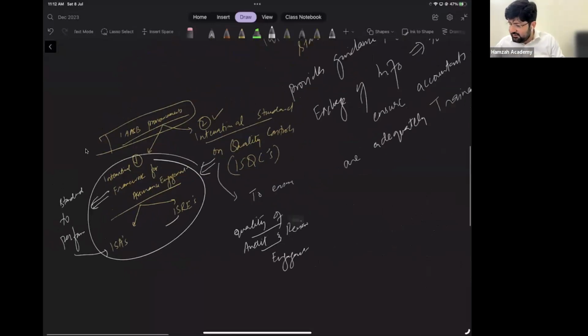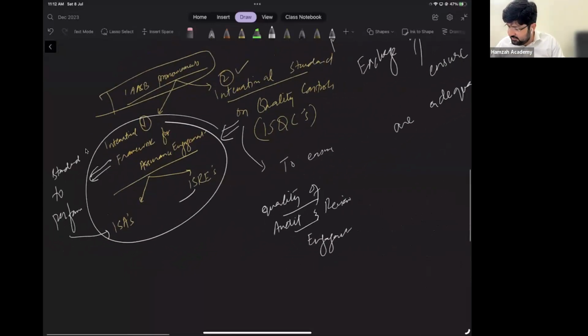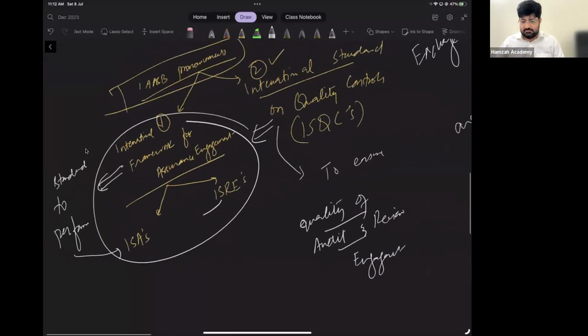This is clear, whatever is written here. This page. Is that clear? IAASB issues that.